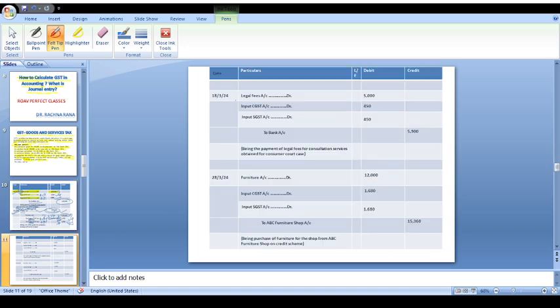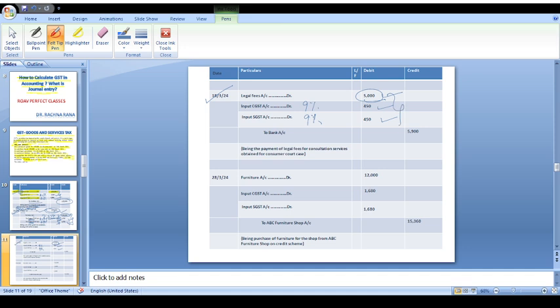Now next, on 18th March, legal fees paid 5,000, and on legal fees we paid 9% GST, 9% CGST and SGST. So here Legal Fees debit, Input CGST account debit, Input SGST account debit with amount 450 each, calculated from the legal fees amount 5,000 multiplied by 9%, which is equal to 450.